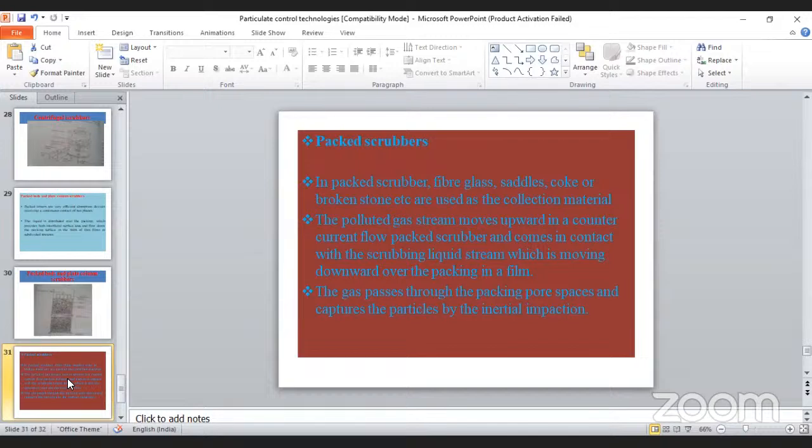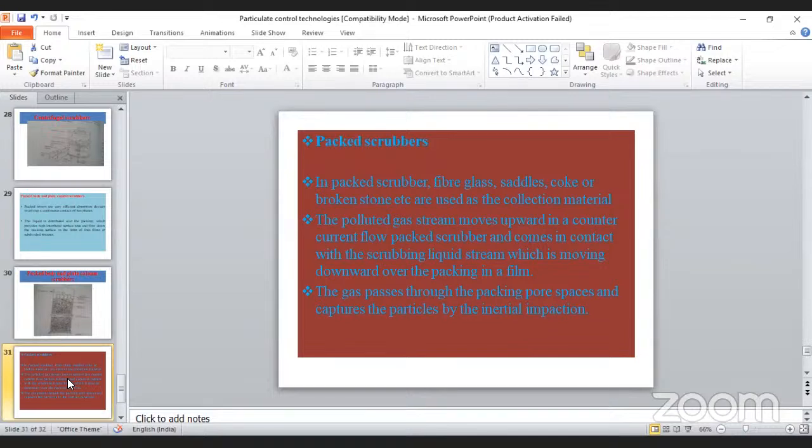Then the polluted gas stream moves from the bottom towards the top in the upward direction, and water is coming from the top to the bottom, in the downward direction. Then counterflow occurs in the packed bed reactor, column or scrubber, and the gas comes in contact with the scrubbing liquid stream, which is moving downward over the packing in a film.